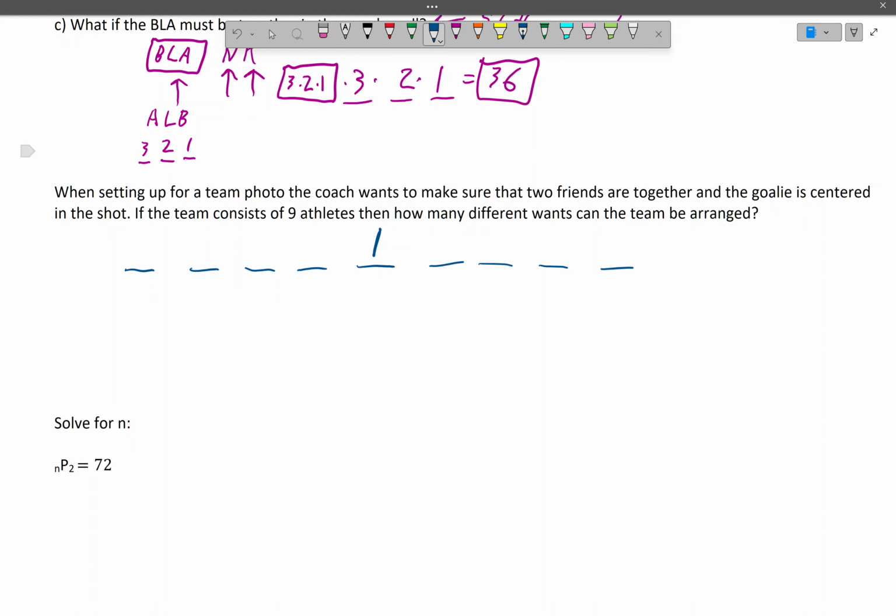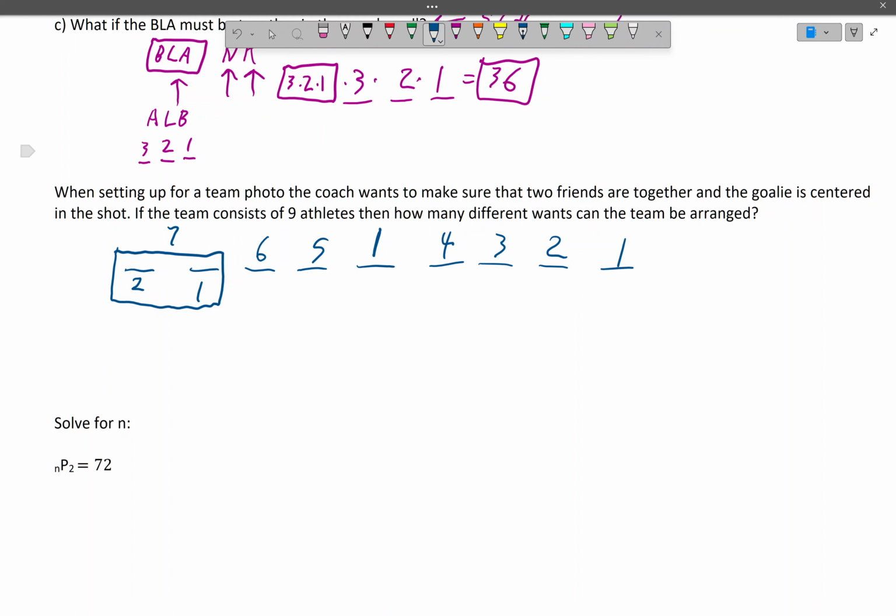So what we're going to do is lock down these 2, and I'm going to consider this as one item. So now how many different items do we have? Well, we have 7. So this is 7, 6, 5, 4, 3, 2, 1. But the friends can also be rearranged in either order, so it's 2, 1.